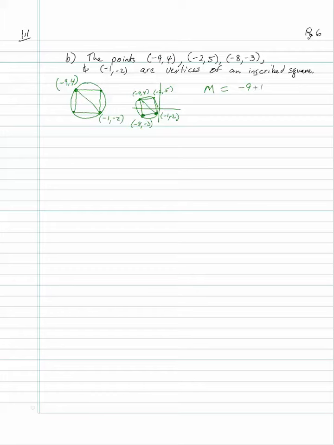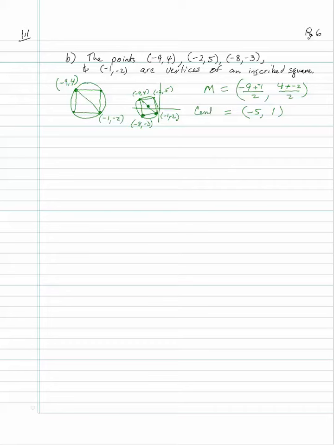Negative 9 plus negative 1 divided by 2. And then add the y coordinates: 4 plus negative 2 divided by 2. And we get negative 5, 1. So negative 5, 1, right about there, is my center.